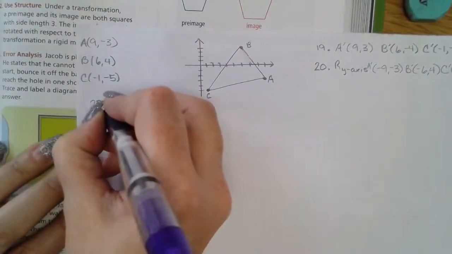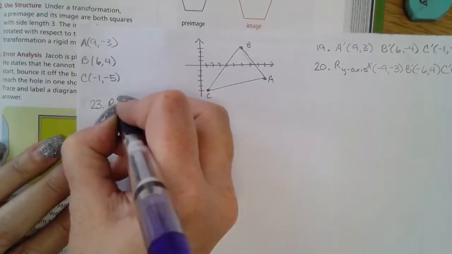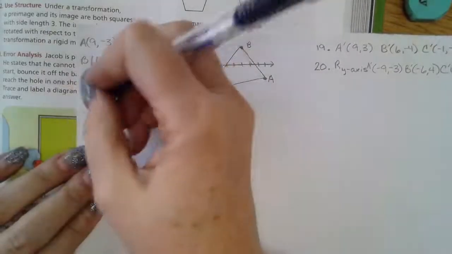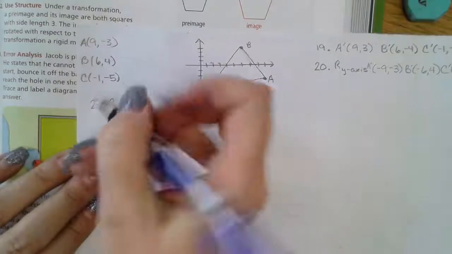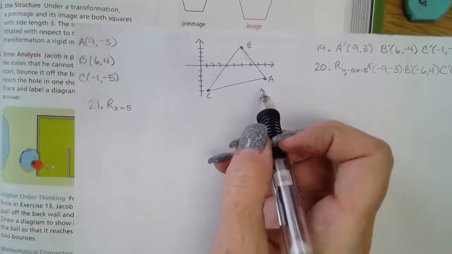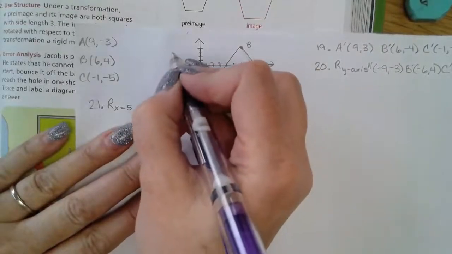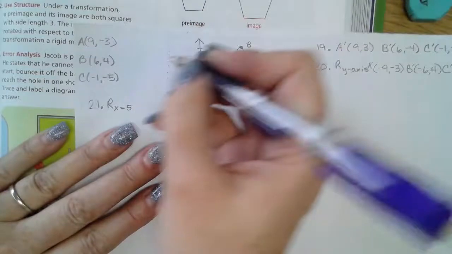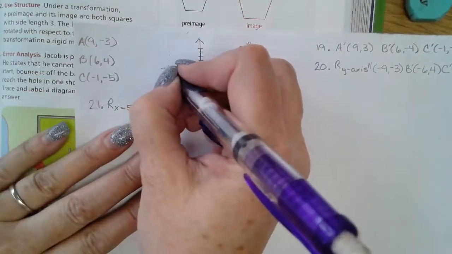Oh, 21, not 23. So I need to take this triangle and reflect it over this vertical line over here at -5.